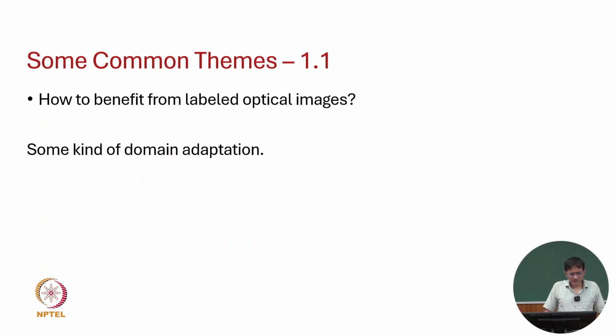So some kind of feature knowledge distillation, some kind of domain adaptation. There is research work around this theme. And around the same theme, there is another problem statement: how to benefit from labeled SAR images of another type.